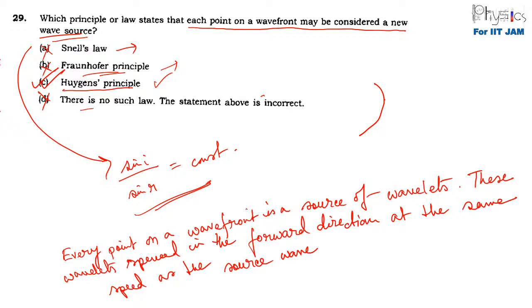Okay. So have you any doubt regarding this problem? I think I should make separate videos on these principles so that you can recapitulate about these things. So here the correct option is option C, Huygens principle.